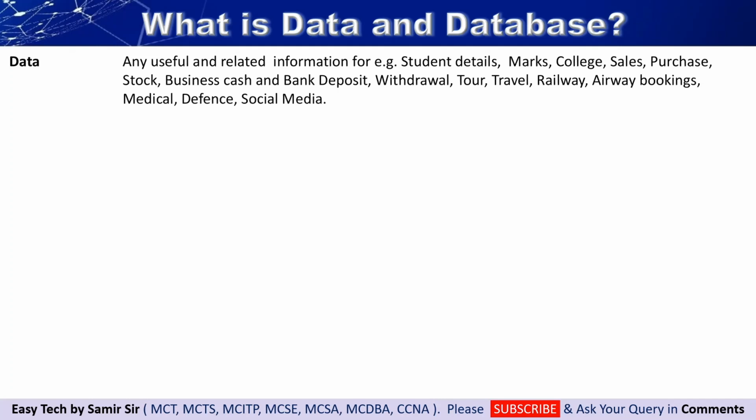For example, if you want to store students' information like students' details, marks, college name, professors' names, sales data, purchase data, stock inventory data, business cash and bank deposits, cash and bank withdrawals, tours information, travel information, railway booking, airline booking, medical information of patients, medicines, diseases, defense information, social media information, all of that can be considered as data. So, in short, any purpose-related information is called data.